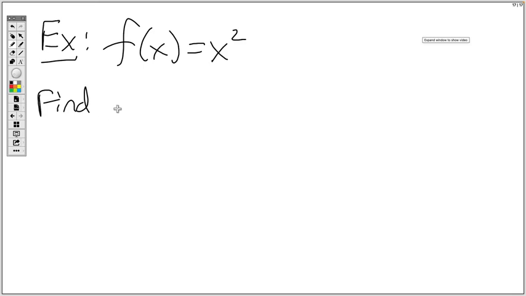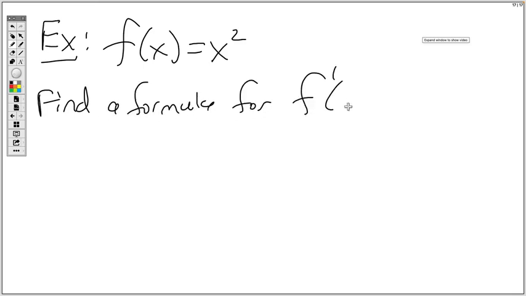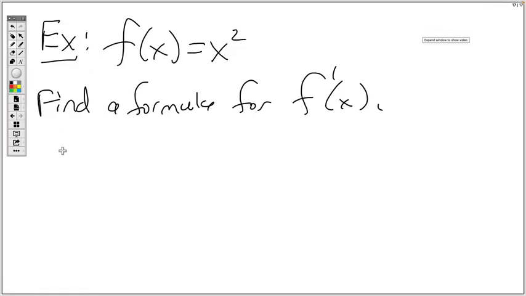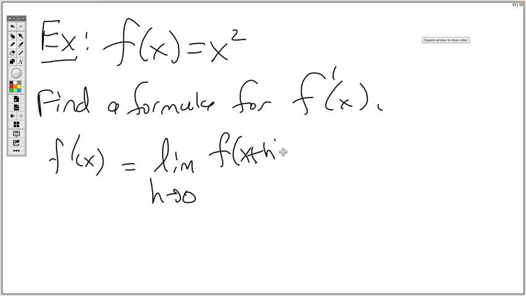Find a formula for f prime of x. So f prime of x, by definition, that's the limit as h goes to 0 of f of x plus h minus f of x, all divided by h.